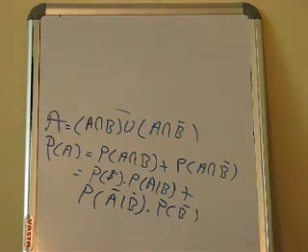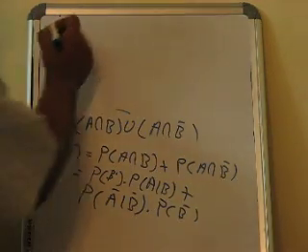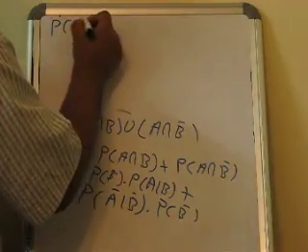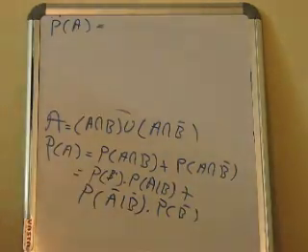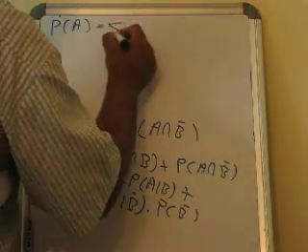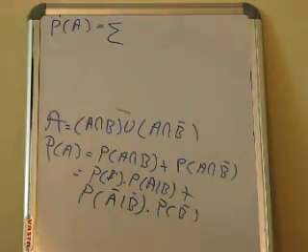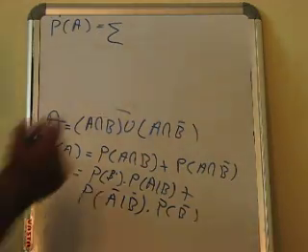Now this was only with two sets. If we extend this relation to n number of sets, what we will get is P(A) is equal to the summation of P(A|Bi) P(Bi). Mind this, so B will be Bi, and A when Bi has already occurred.